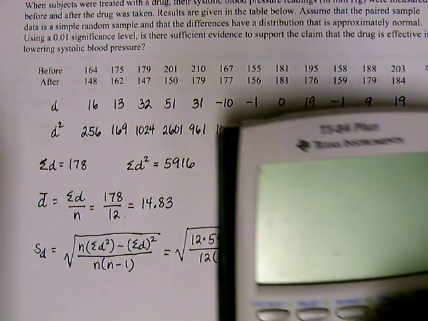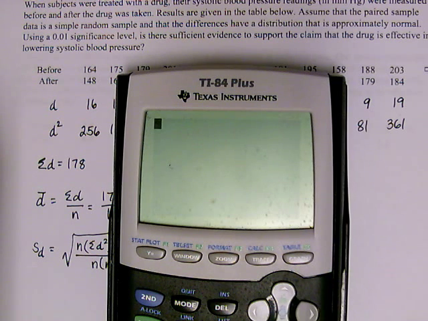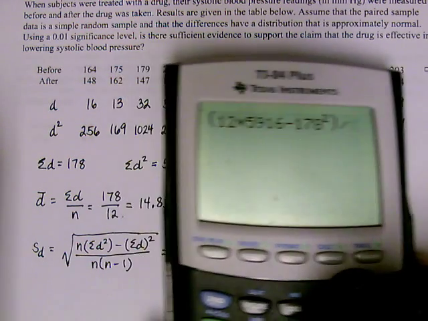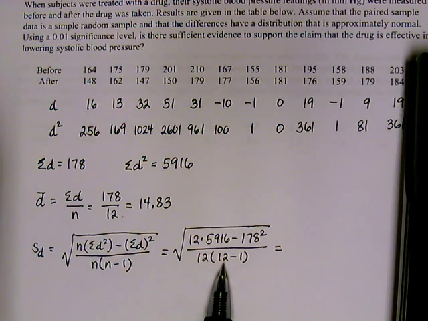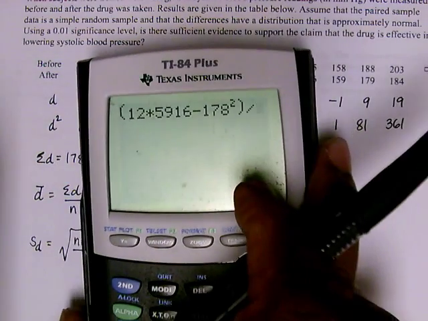Okay, so I'm going to do this in the calculator as well. The numerator will be in parentheses, so this will be 12 times 5,916 minus 178. Hit the x squared button to square it, then close the parentheses, and then divide that by. Now, let's think about this. 12 minus 1 is 11. 11 times 12 is 132.